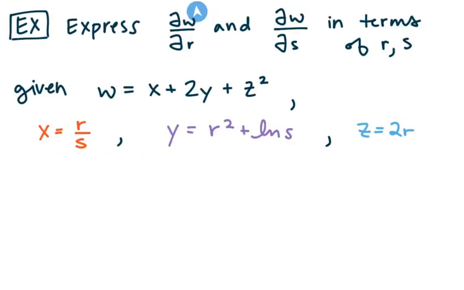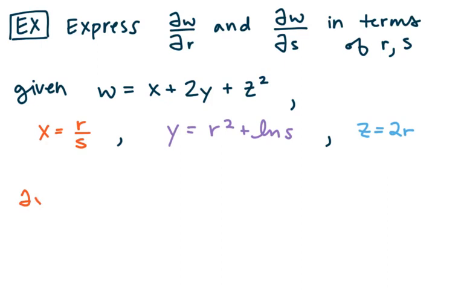Okay, so right before I erased all of that, we found partial of W with respect to R. Now we're going to find partial of W with respect to S. So I need each of these three partial derivatives of my intermediate variables with respect to S, and then I'm going to take the partial of W with respect to X, Y, and Z. So first, finding each of my intermediate variables with respect to S.